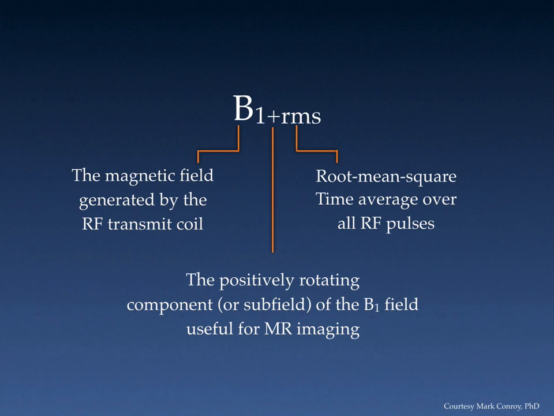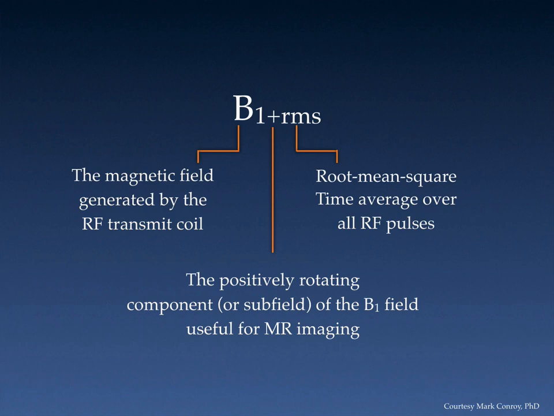Let's dissect, if you will, this terminology, B1+rms. Now, B1 refers to the oscillating magnetic field that's generated by the RF transmit coils. Coils and their design were the subject of the previous video in this series, and if you haven't seen that, you might want to take a look at that one as well, because it does discuss this in a little more detail.